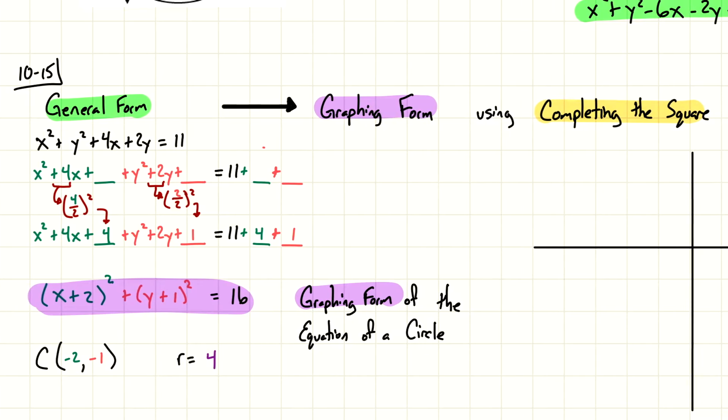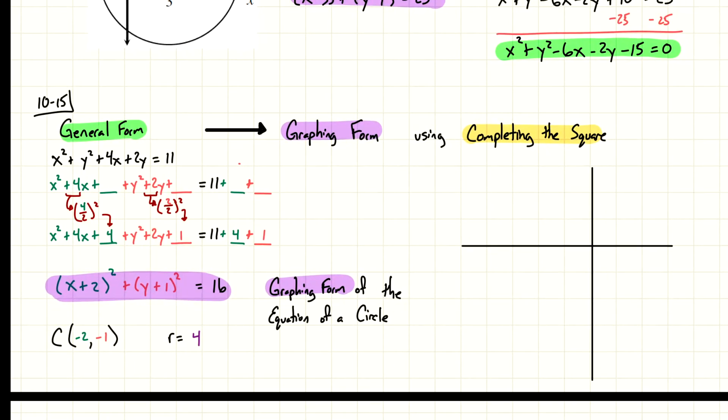So because we have that, we could do a little sketch, and so I'm going to try to sketch this really quick. So if I have negative 2, negative 1, negative 2, negative 1 is right here. So this would be the center. And then radius would be 4. So I'll go 1, 2, 3, 4 in both directions.